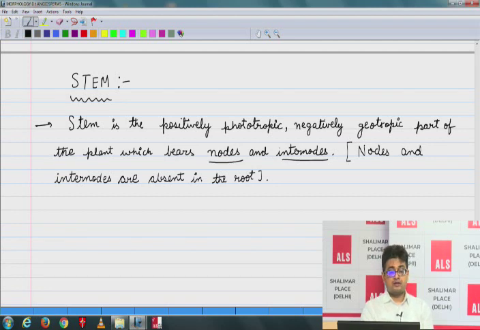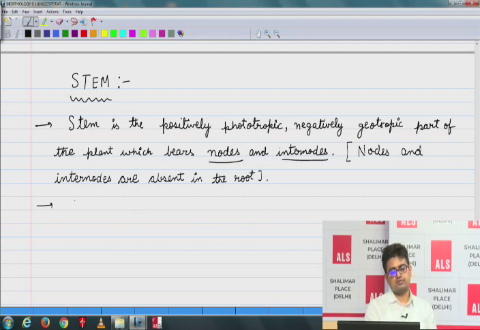Okay. Not only nodes and internodes, buds are also absent in the root. Node, internode, buds present in the stem. What does stem do? Stem bears the lateral organs. It bears the leaves, it bears the branches, it bears the flowers, like this.